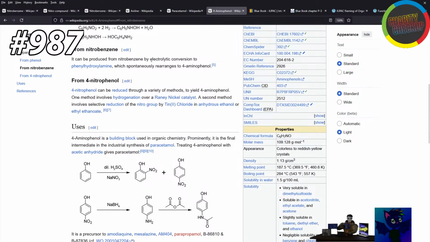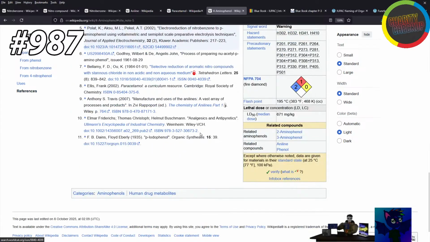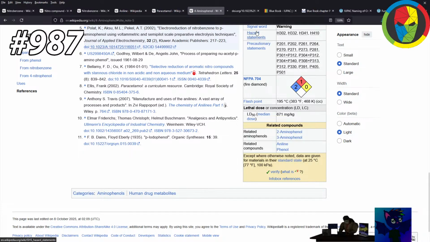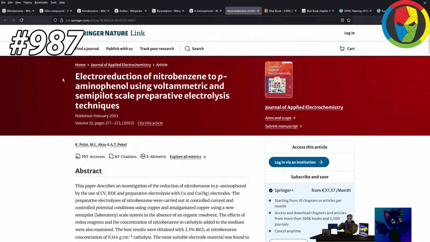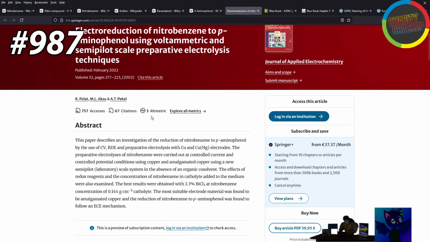Isn't that incredible? That is such a cool chain of reactions, and I so badly want to do it. Right here we have electroreduction of nitrobenzene to p-aminophenol using voltammetric and semi-pilot scale preparative electrolysis techniques.